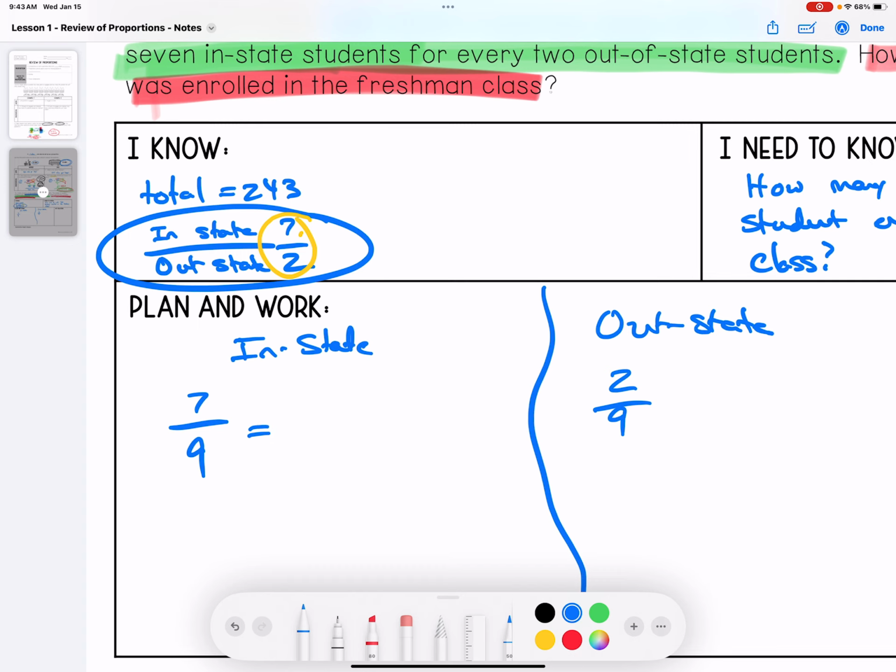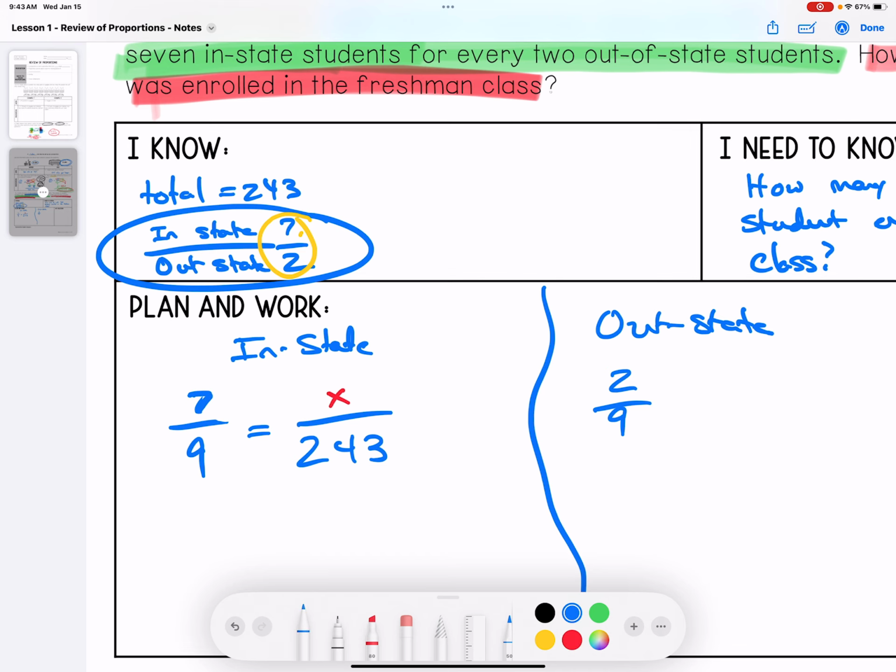Now, they gave us the total, which was 243, and they want to know how many in-state there is. We can compare these ratios. This, over here I just circled, is just the simplest form of the one to the right. They are proportions, which means they are the same.